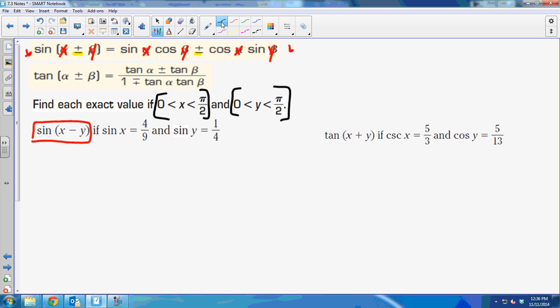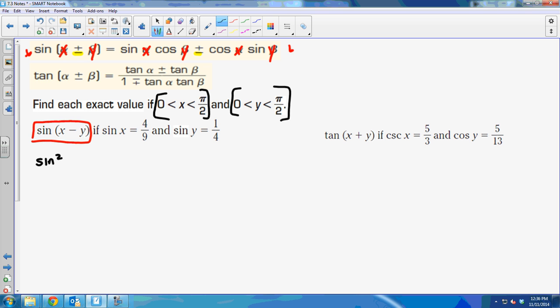I'm saying I have sine x and sine y. How do I find cosine x and cosine y? We don't have an angle measure. It is based on one of the identities you're supposed to know. Learning target 2. What do you do if you're given something and you're trying to find something else? So we need to use sine squared plus cosine squared. We have no other option. We have to find cosine for these two.